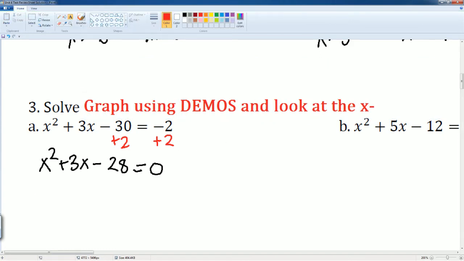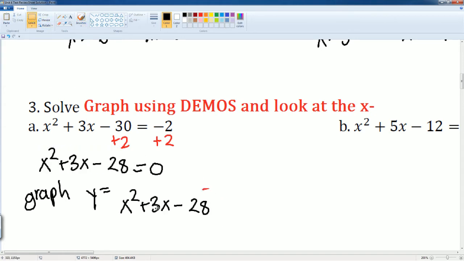All right, so let's graph. What are we going to graph for the first one? We are going to graph y equal to this function of x squared plus 3x minus 28. Right? So that's what we're graphing first of all.